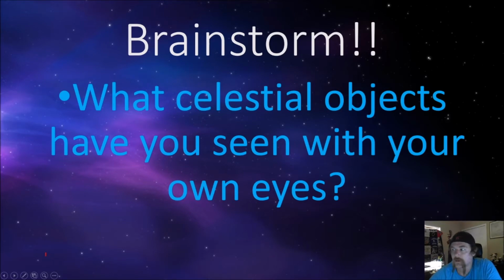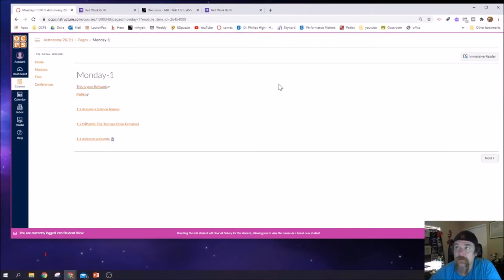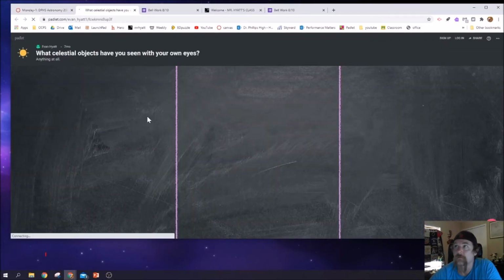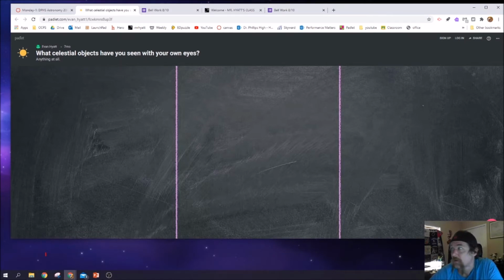And then you guys are going to head back to Canvas. You're going to click on Padlet. I'm sure that you have used this before. What celestial objects have you guys seen with your own eyes? Go ahead and write something in. All right. I'm going to leave this up all day, which means you're going to see a bunch of other people's answers. Try to come up with some that are your own thoughts.